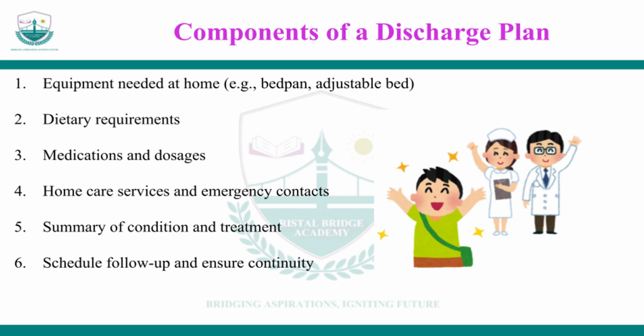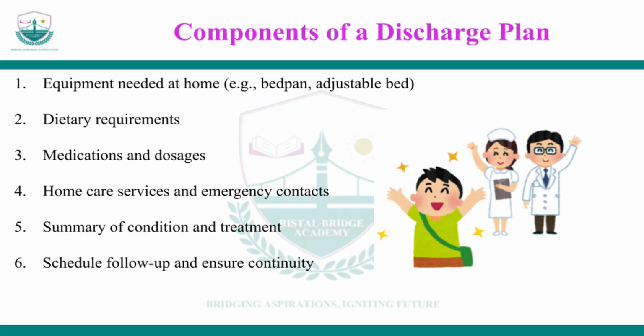We have equipment needed at home. Like for instance, if you're discharging someone who is bedridden, you will need equipment like a bed or an area that is specifically designed for the care of the patient because it's going to be a nursing home. So everything has to be prepared.